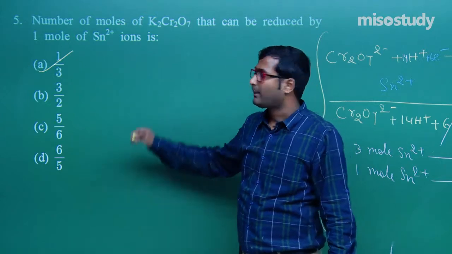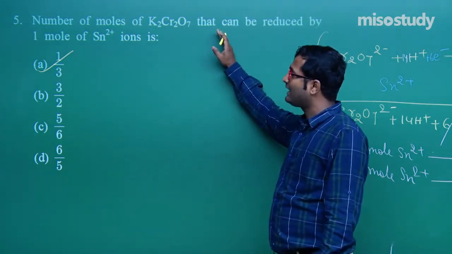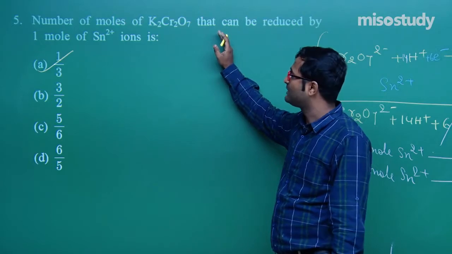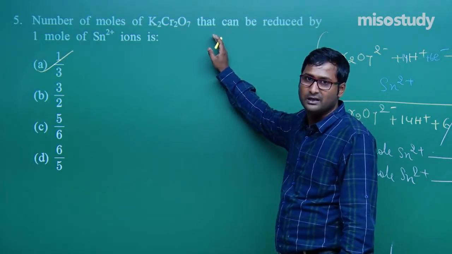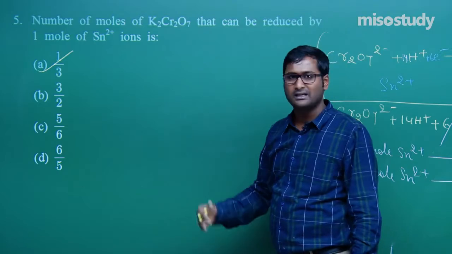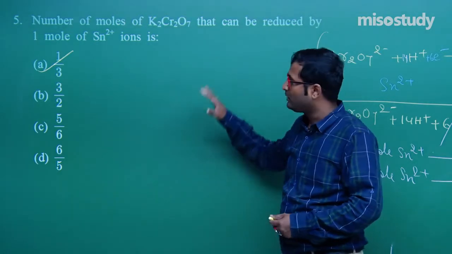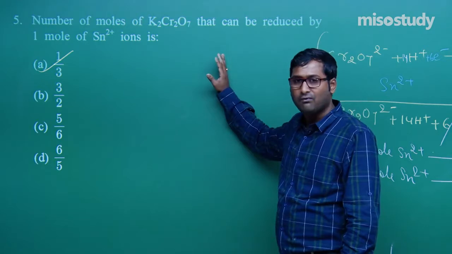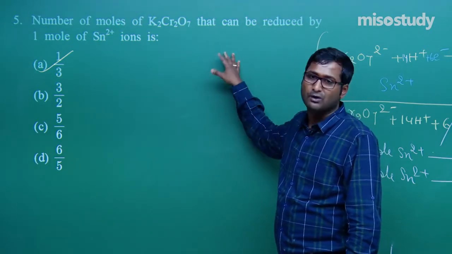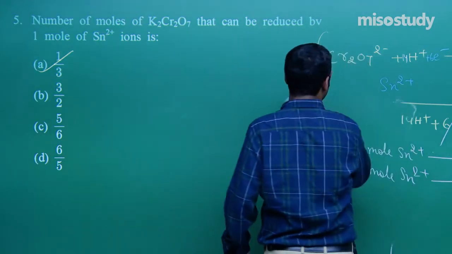I think this type of question was asked in the 2018 main examination, that is, how to balance the reaction. These are frequently asked questions. Clear to you? So you have to give a lot of focus on these types of questions. Now I'm going to rub this part and we'll discuss the next one.